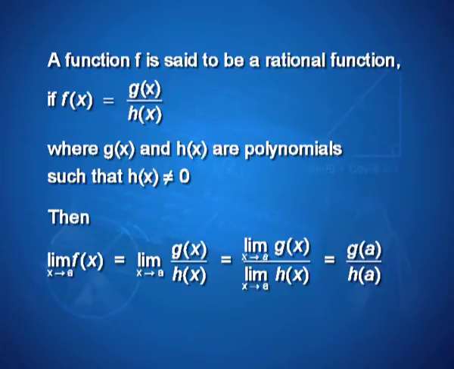Then limit of function f of x as x tends to a is equal to limit g of x upon h of x as x tends to a is equal to limit of g of x as x tends to a upon limit of h of x as x tends to a is equal to g of a upon h of a.